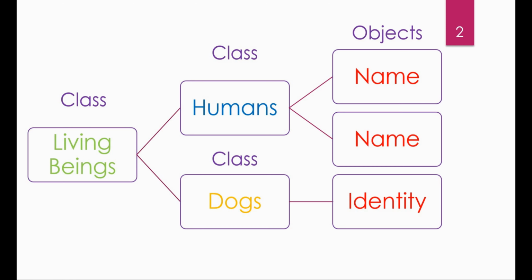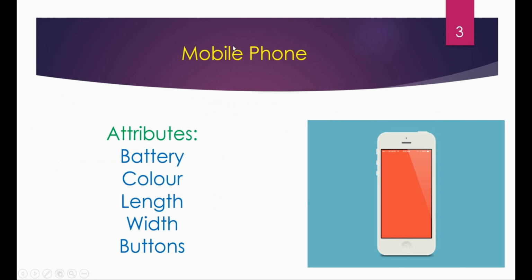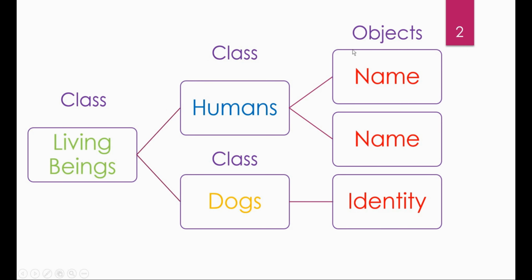They identify each other with their unique smell, and every dog belongs to this class, dogs, and this class is a subclass of living beings. And so do all the other classes, from elephants to giraffes to zebras and so on, even plants and every living being. So this is the hierarchy diagram for how classes and objects are related to each other.